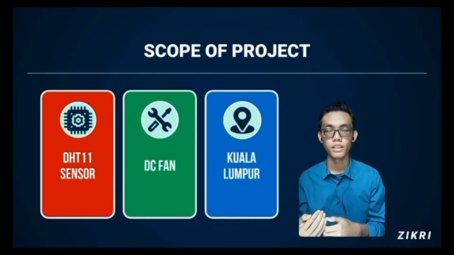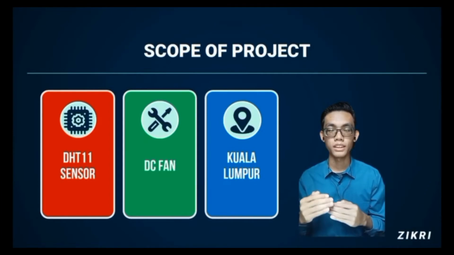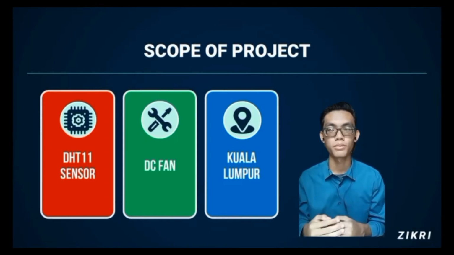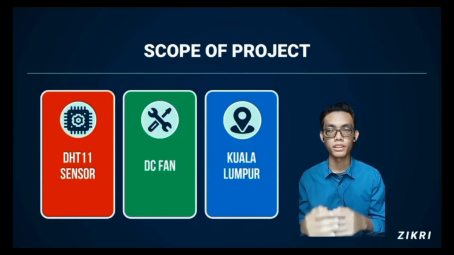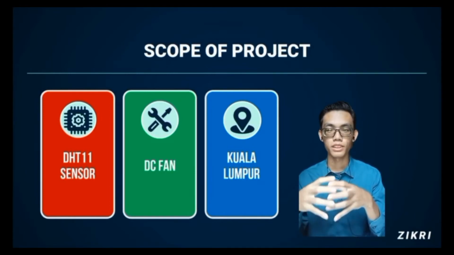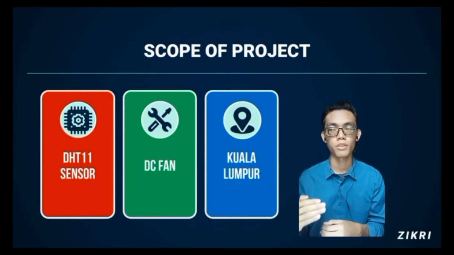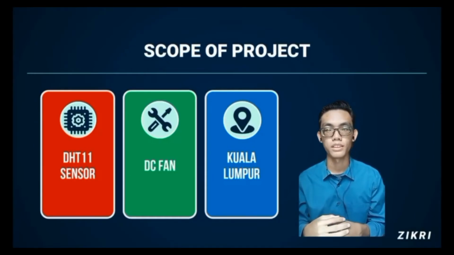So by doing this, we hope that it is a good start to develop our project by starting with this small scope. Then later for future development, the scope will get larger.